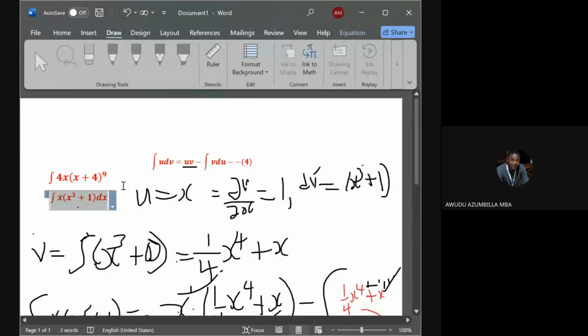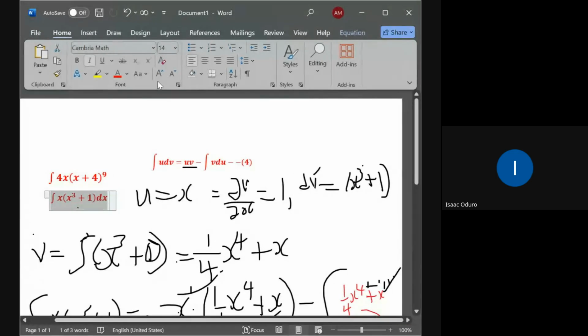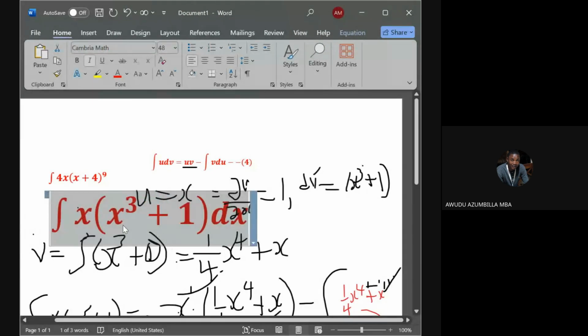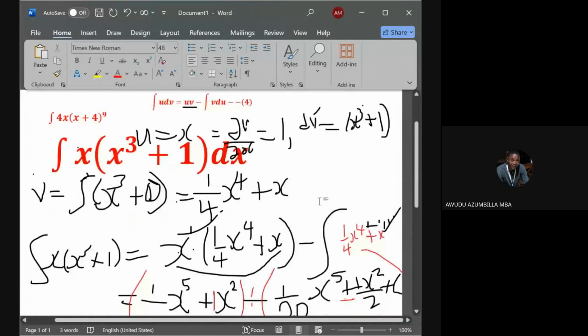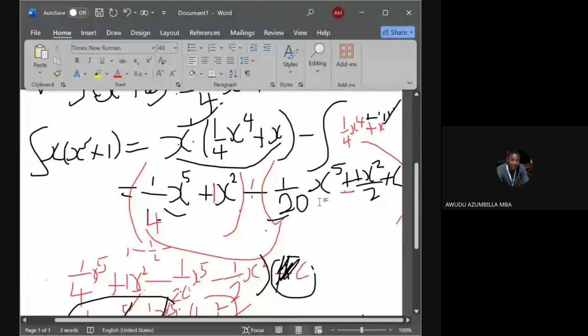They are the same. Can you see that? Look at the function here. They are the same. So anytime you do the integral, you can always differentiate it to get the normal function. Okay. Yes. So that is integration by parts.